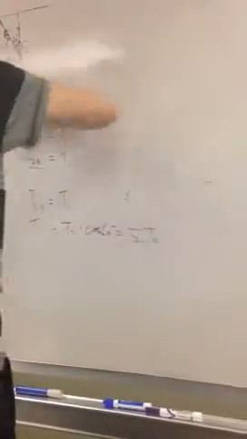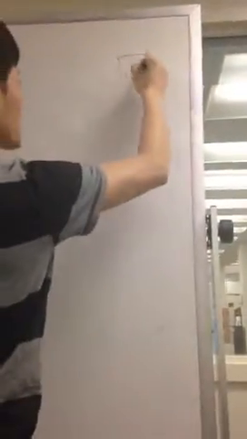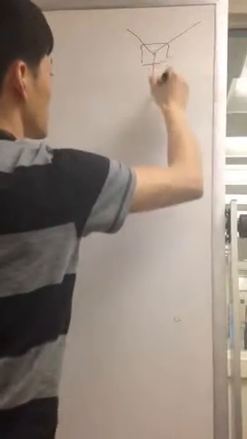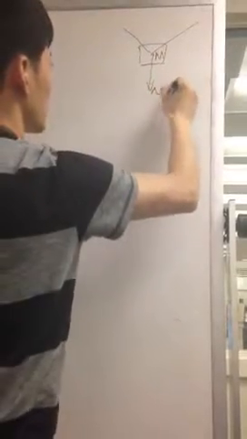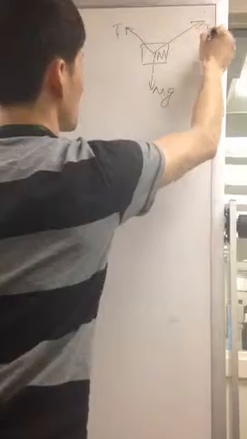We can put summarization here. The first type of question is you have two strings, and then itself has a mass. You have T1 and T2.